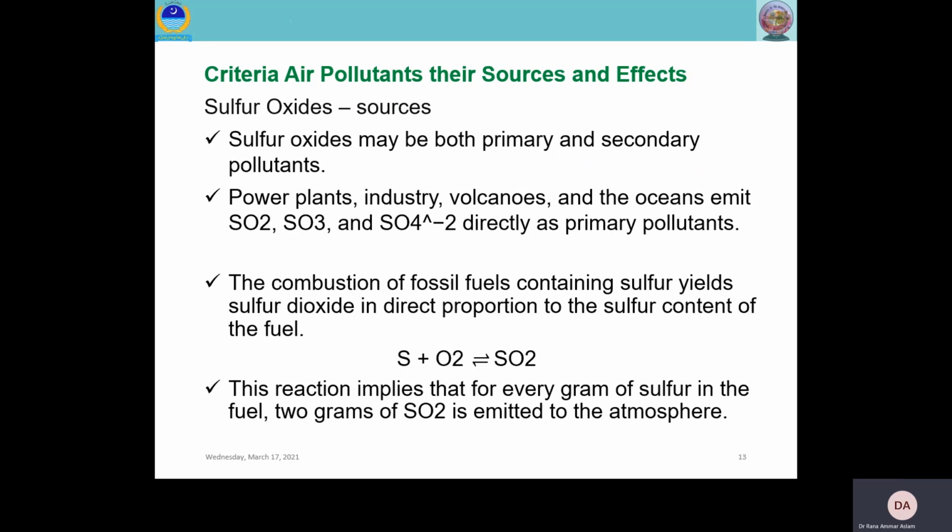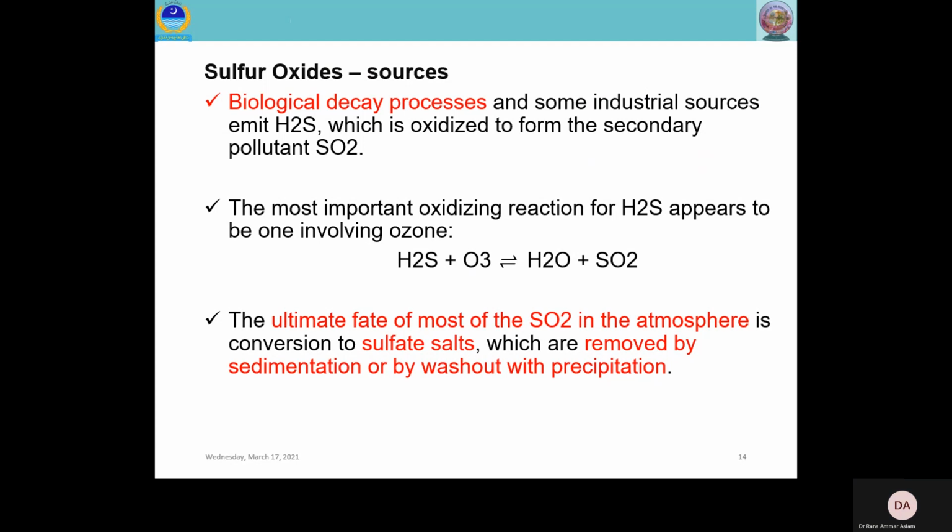What we can learn from this reaction is that the amount of sulfur dioxide will be double that of sulfur, right? It means that if 1 gram of sulfur is burnt, 2 grams of sulfur dioxide will be emitted into the atmosphere.